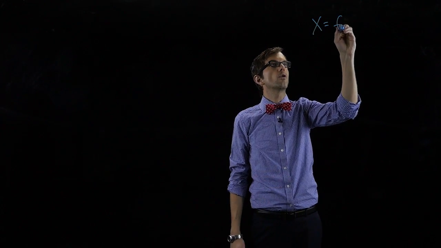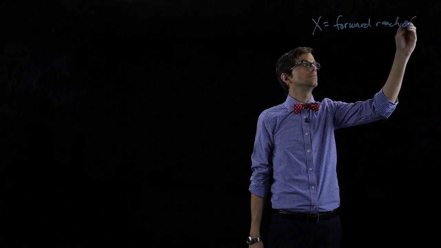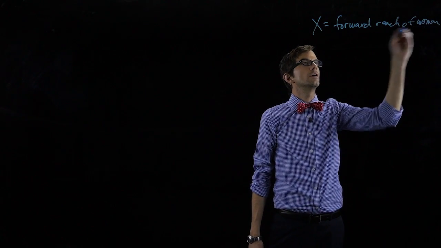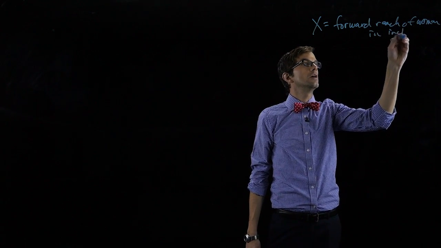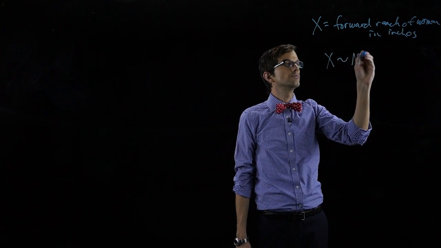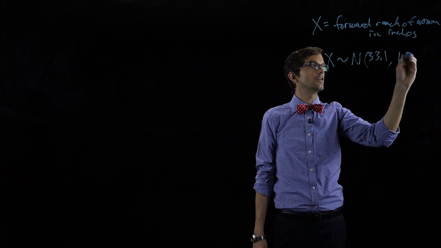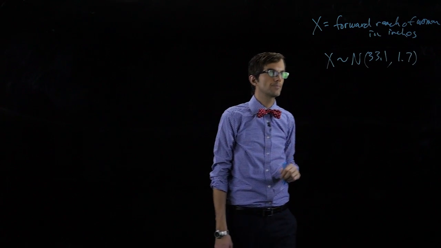So let's name a random variable x, and that's going to be the forward reach of women in inches. And we know that x is normally distributed with a mean of 33.1 inches and a standard deviation of 1.7 inches. Okay?